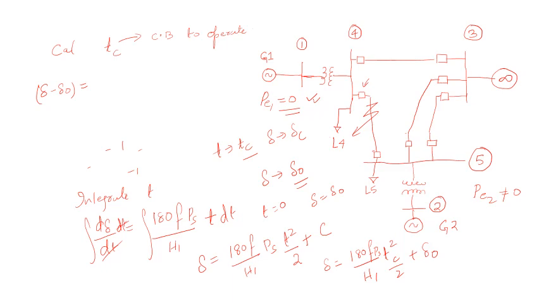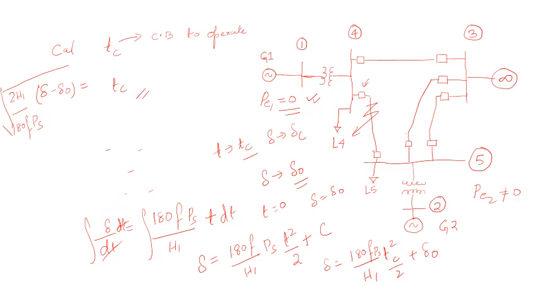It can be written as tc equal to the square root of 2 H1 (delta minus delta 0) upon 180 f Ps. This is the critical clearing time that you need to give to the circuit breaker to operate, and this is how you can calculate the critical clearing time.